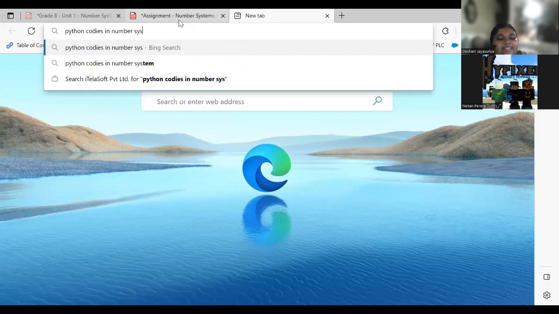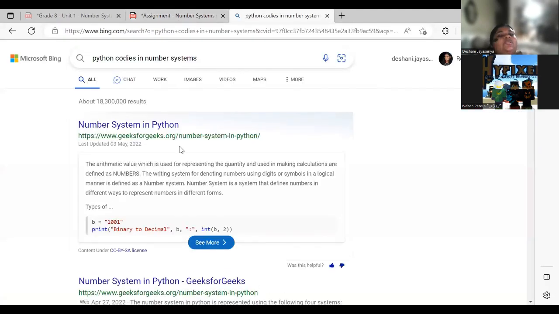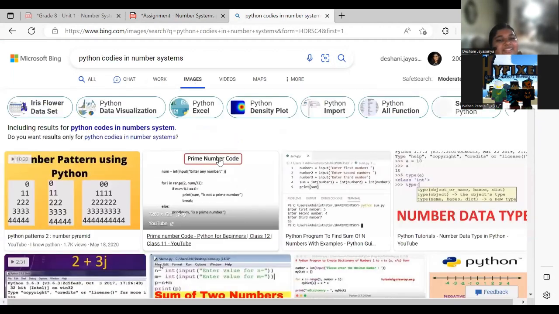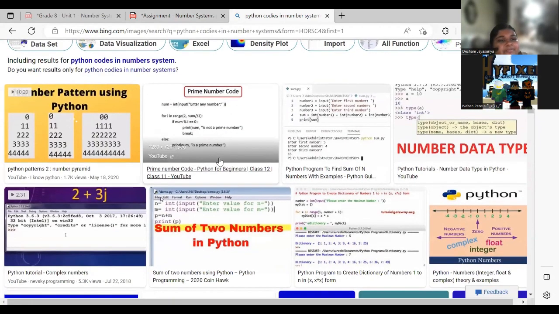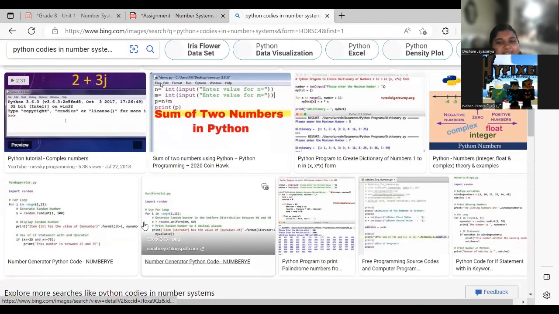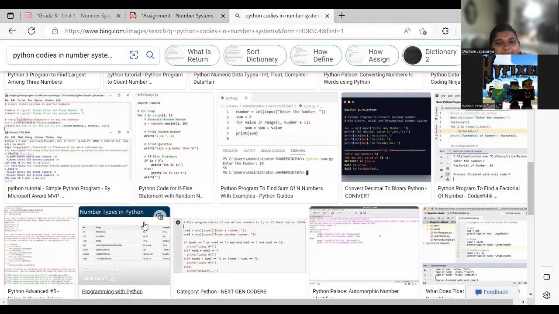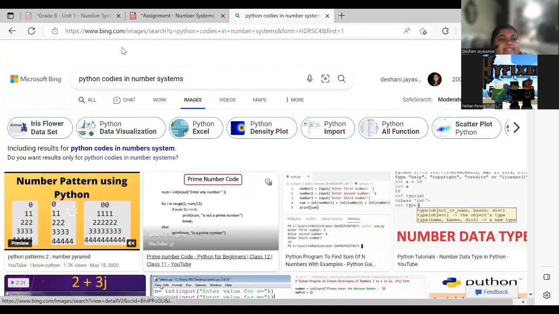There is a specific way to store things. So if you go here, it will show you.